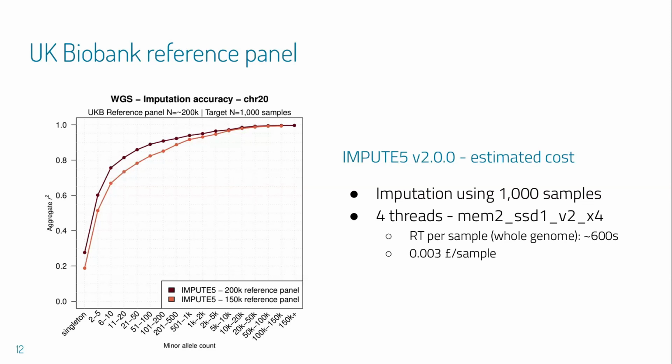They're easy to impute. In terms of amount, I think the return of increasing reference panel size is somewhat logarithmic. So by doubling the size of the reference panel, we shouldn't expect a 2 times increase in accuracy.